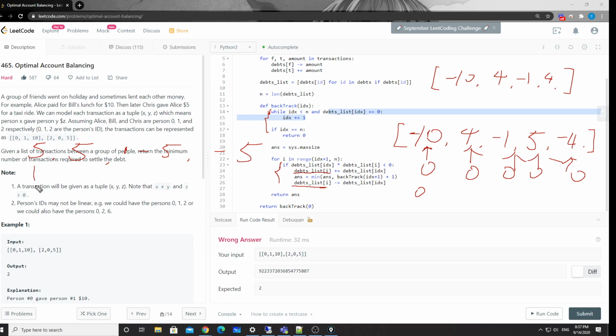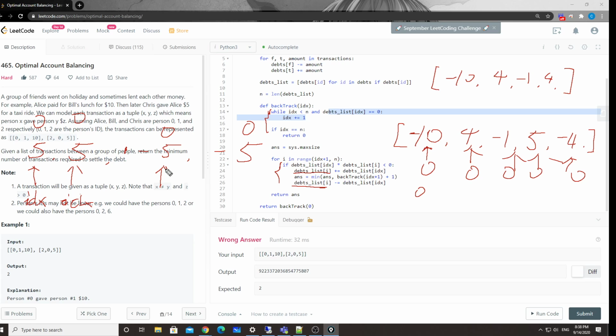So we're at this one here, and we're finding the first one to settle. After the first settlement, this one becomes 0, and this one is 0. That's why we move the index to this one. Now for this one, this is 0 and this is 0. Now we're at this one here.